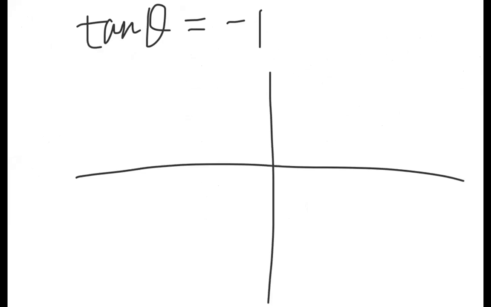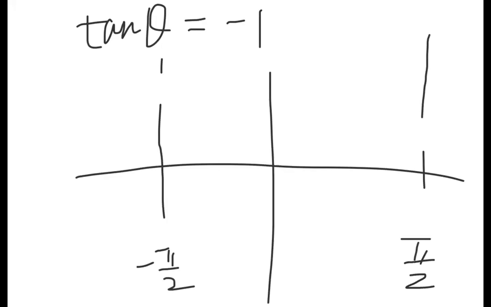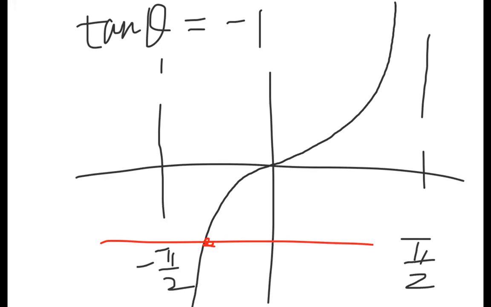So in order to solve this, we graph the tangent theta from minus pi over 2 to pi over 2. The graph looks like this, and the intersection with minus 1 is right here, which is minus pi over 4.